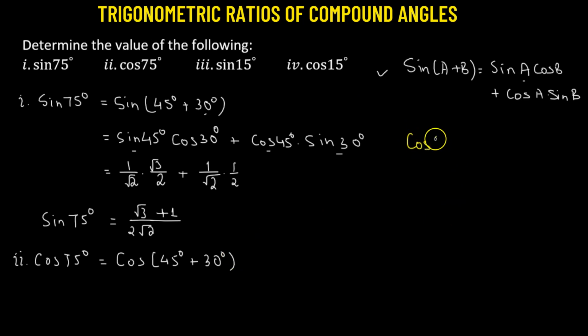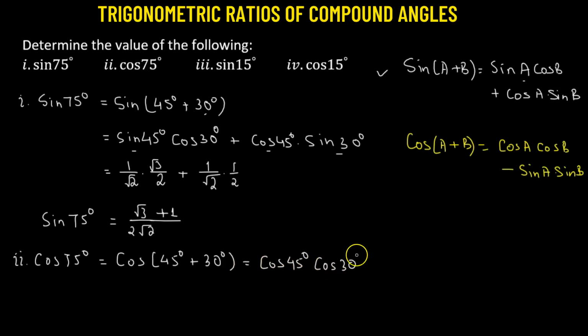We'll have cosine of (A plus B), which is equivalent to cosine of A times cosine of B. For cosine of (A plus B), the second term is negative: minus sine of A times sine of B. So we'll assume that 45 is A and 30 is B. Then this can be expanded to get cosine 45 degrees times cosine 30 degrees minus sine 45 degrees times sine 30 degrees.